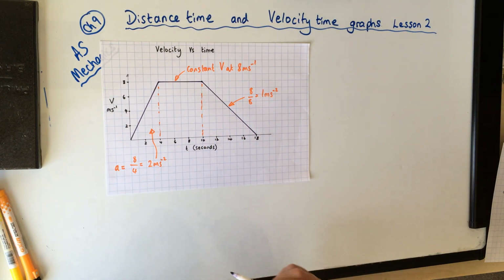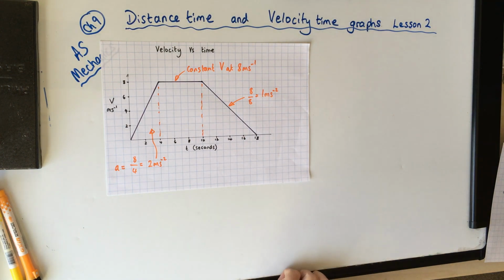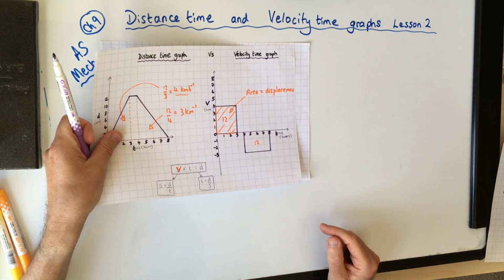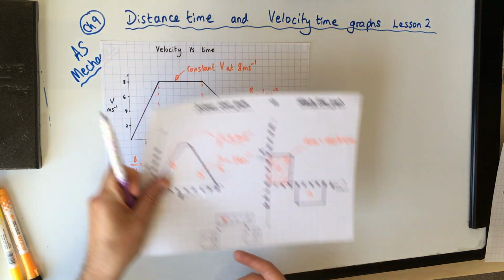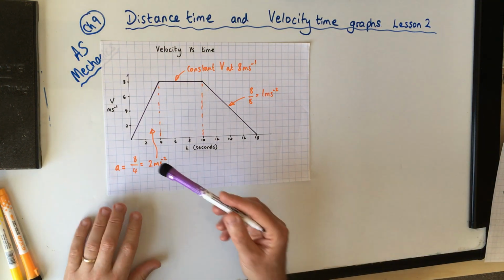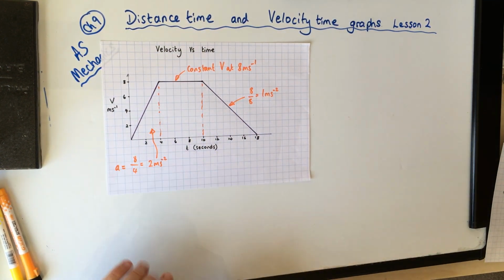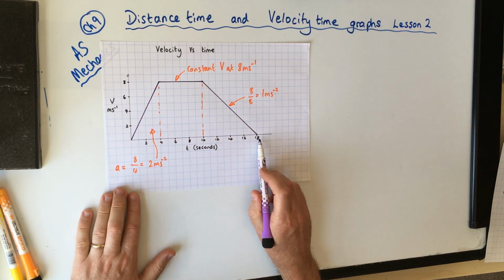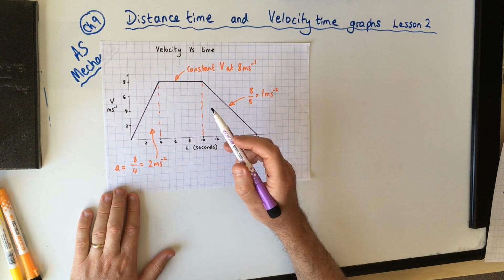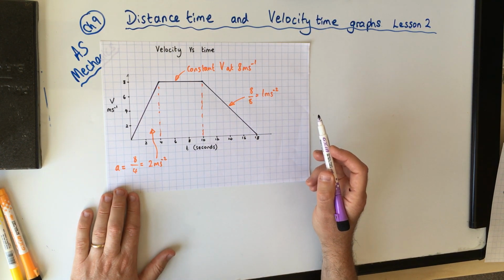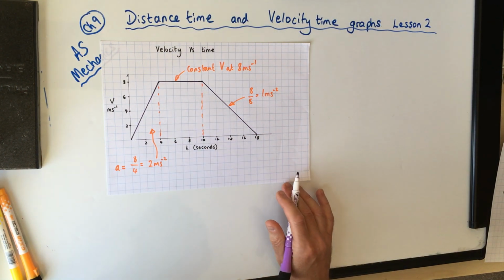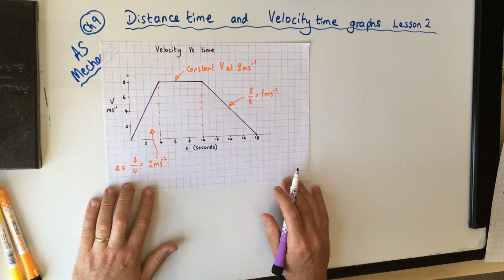The area underneath this trapezium, just like this one, is the displacement, or the distance travelled. So this is a journey in one direction. It's a journey that's 18 seconds long: the car speeds up, travels at a constant velocity and then slows down, and the area underneath this graph is the total distance travelled.